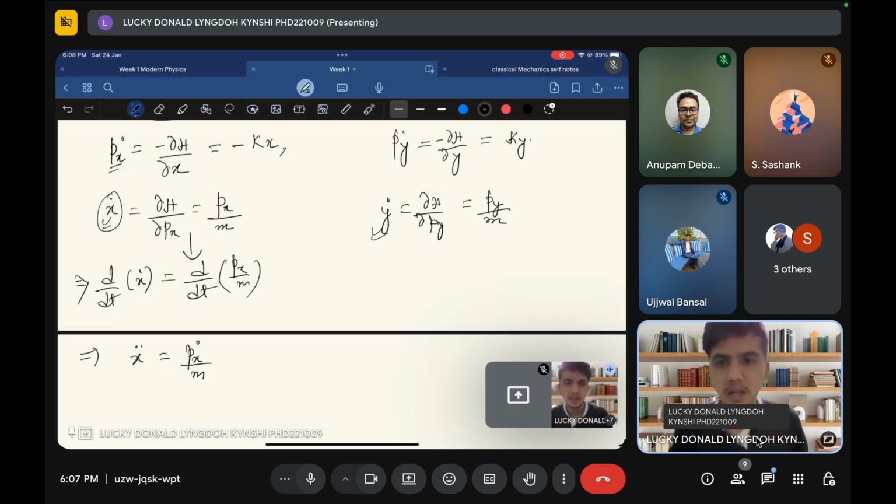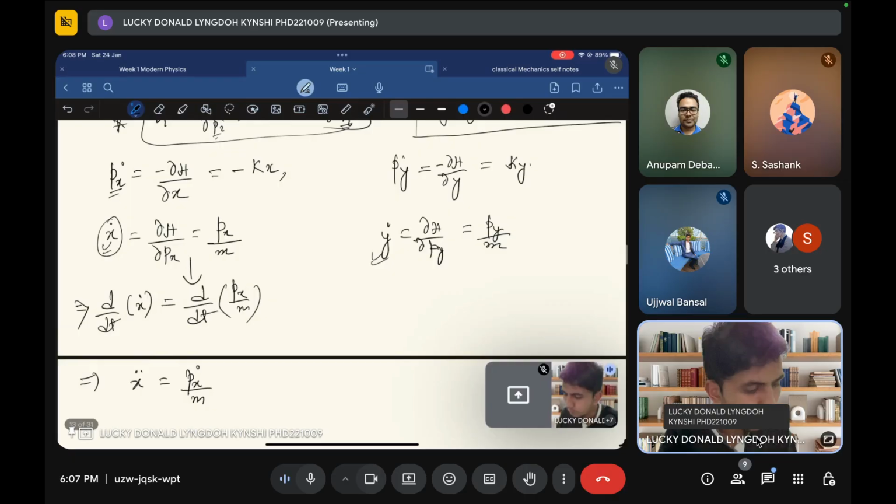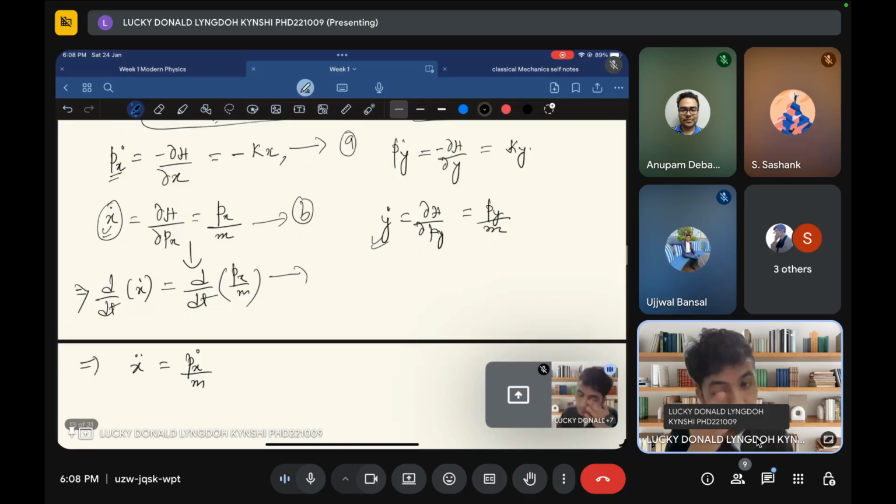Now the reason I'm doing this is that you also have to consider this equation. There is A and there is B, so the idea is to equate these two equations.